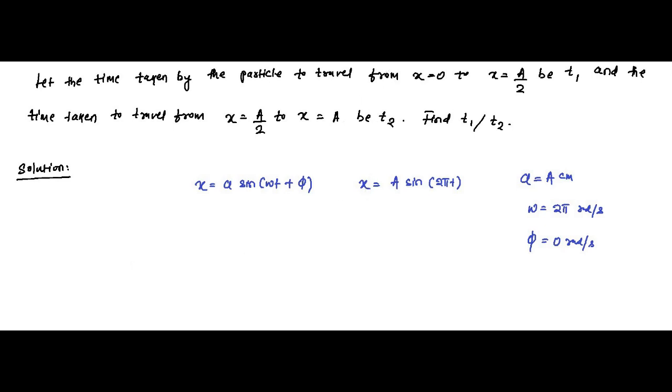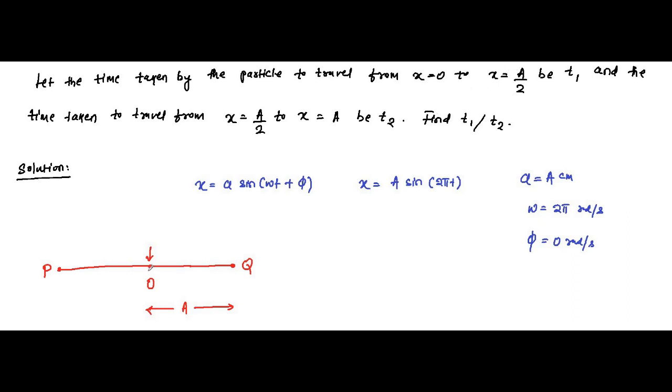So it is given that this particle executes simple harmonic motion. Let these be the two extreme points P and Q and this O be the equilibrium position. The initial phase angle is 0, which means it starts from this point, the equilibrium position. This is A, the amplitude on one side.